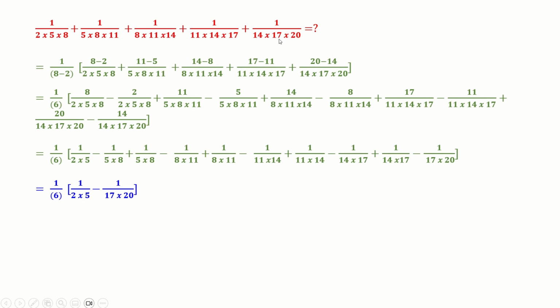You take the highest, you ignore the least one, that is 14. You ignore it and you will take 17 and 20. Okay. So these are the things remaining. This equation I kept in blue color because this is your trick. Okay, so if you solve this problem, you will get 11 by 680. This is the answer.